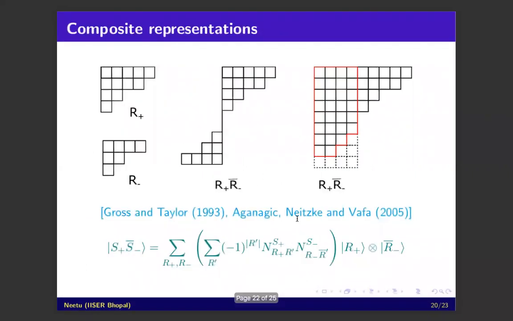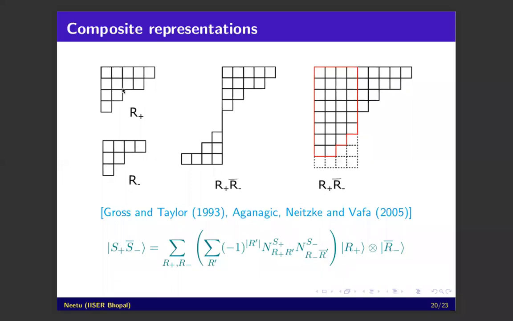Yeah, so to get the full partition function of Yang-Mills theory, we have to join the two sectors, and for that we go to these composite representations. Let's say we have these two representations, R plus and R minus, represented by these Young diagrams. To get a composite representation, there are two ways to do it.